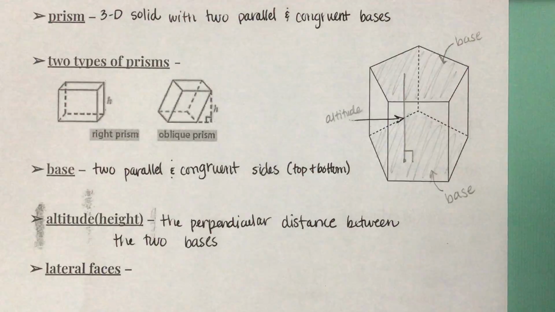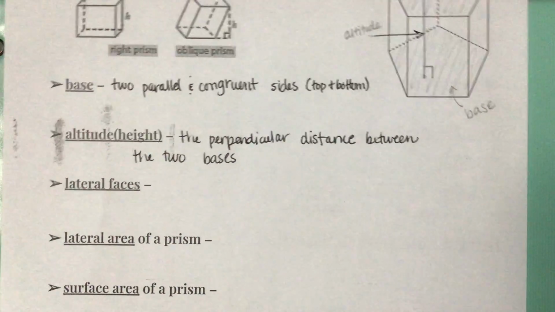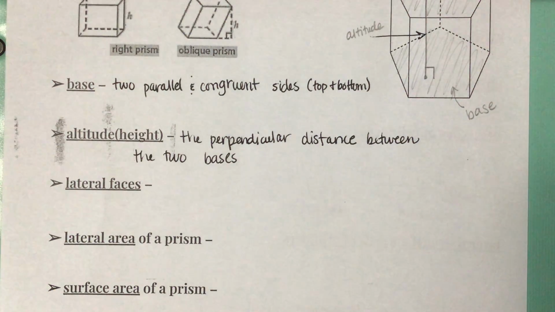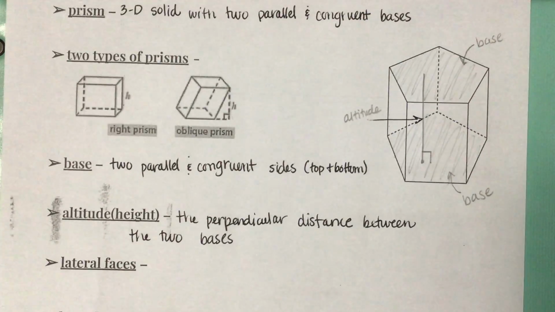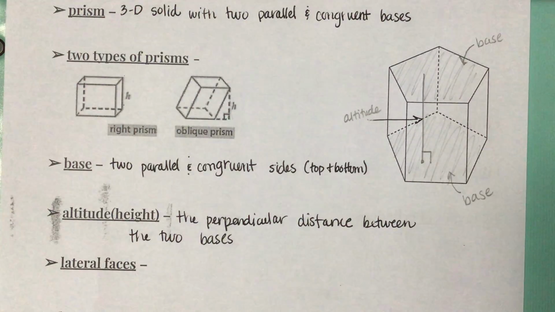Now we also have these things called lateral faces. Lateral faces are going to be the faces, or the polygons, that are going around the edges of your prism. It's not the bases. The bases are something different than the lateral faces.